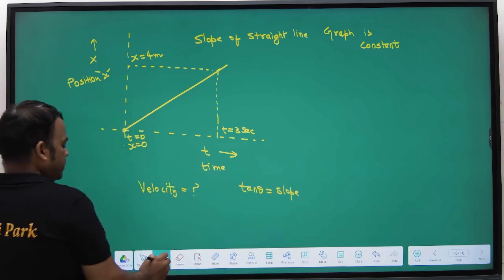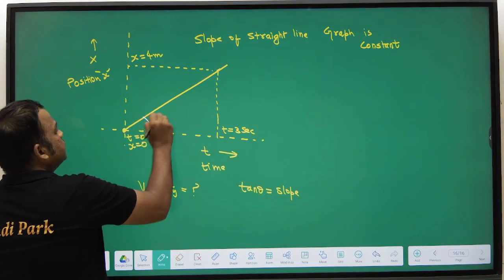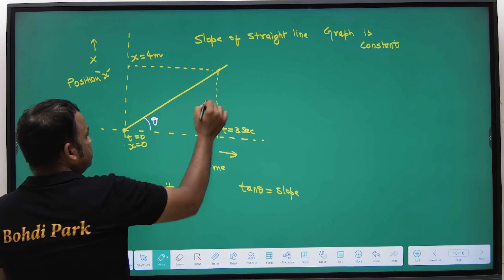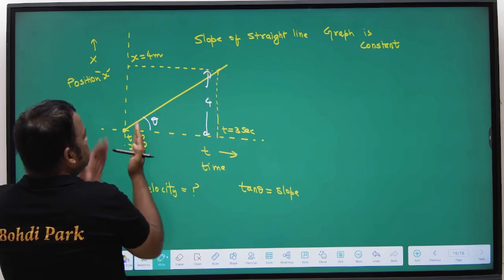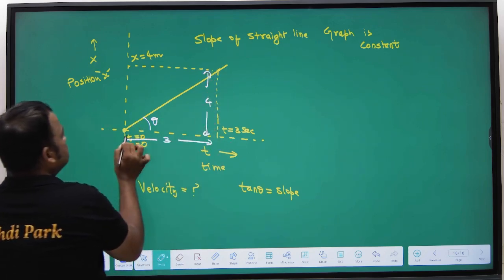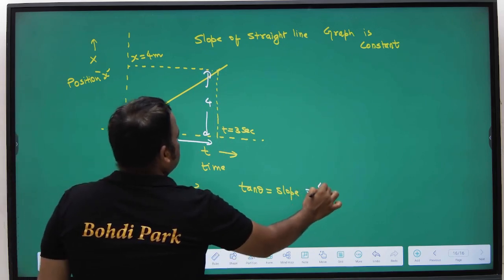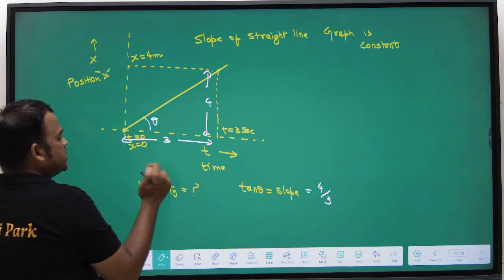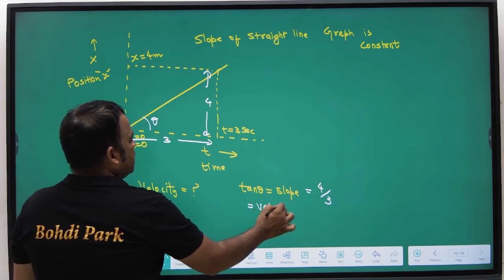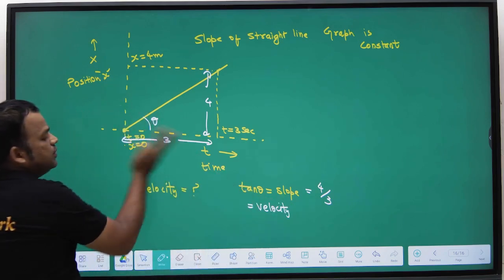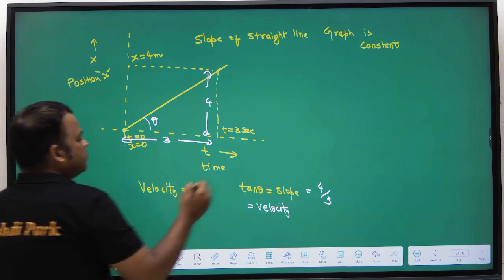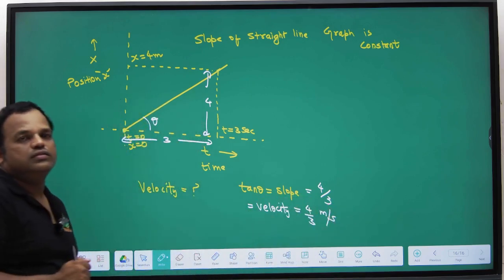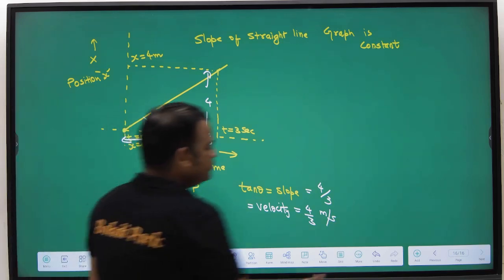So we will find this angle theta and tan theta. So opposite is 4 and adjacent is 3. So slope is equal to 4 by 3 and slope is velocity. When xt graph is given, the slope is velocity. So velocity is 4 by 3 meter per second.